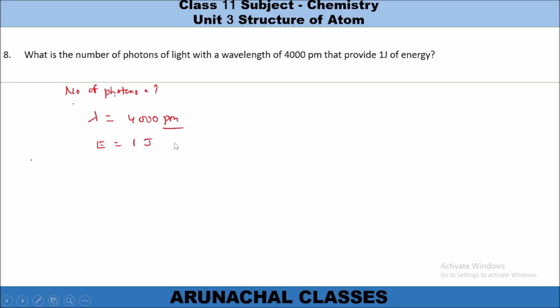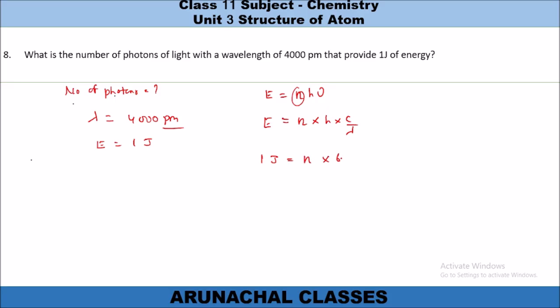So we know that E is equal to n h nu. N represents the number of photon particles, so it will be n h nu, with nu as c upon lambda. E is energy, which is given here as 1 joule. N is not given, what is the number of photons?